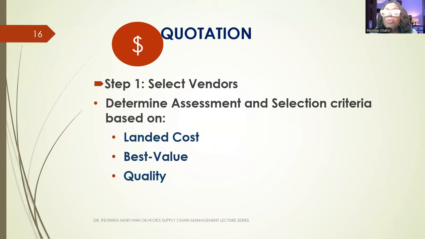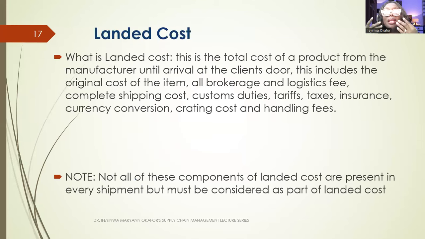So the selection should be based on selection criteria that is based on the landed costs, best value, and quality. Let's look at what is landed cost. This is the total cost of a product from manufacturer until arrival at the client's door.